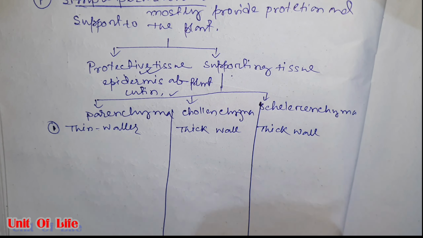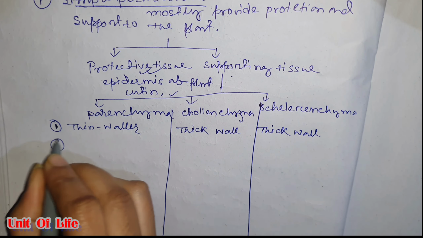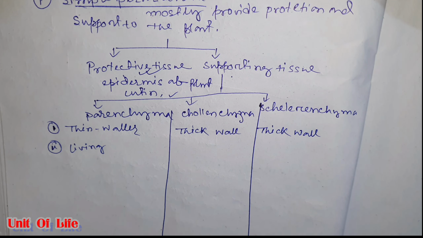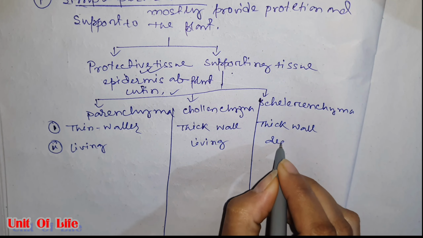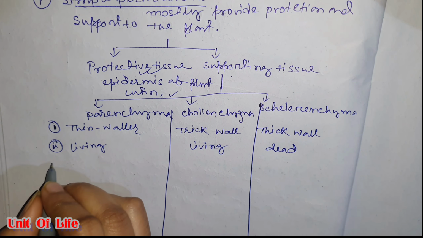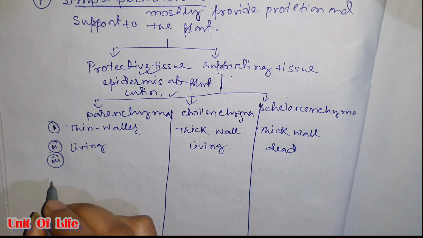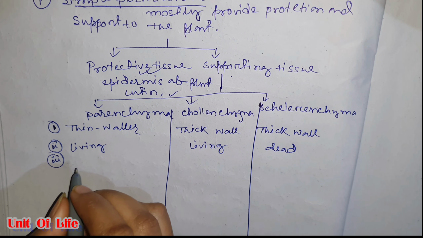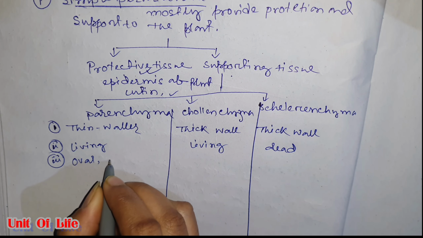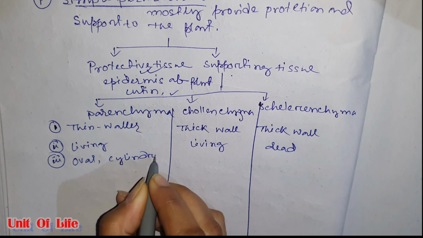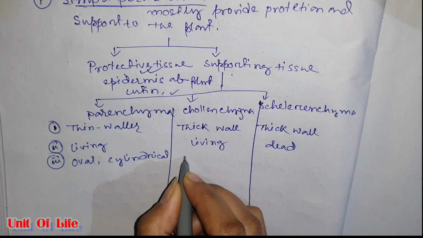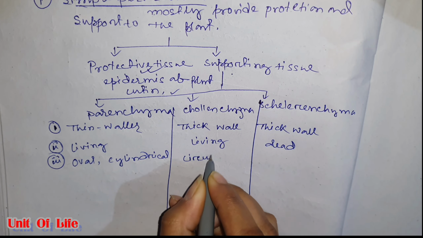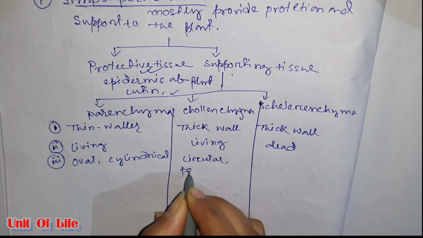Parenchyma and collenchyma are living cells, but they generally can't divide; sometimes they also divide. Third, the shape of parenchyma cells is oval or cylindrical. Collenchyma cell shape is circular or polygonal, and sclerenchyma is hexagonal in shape.